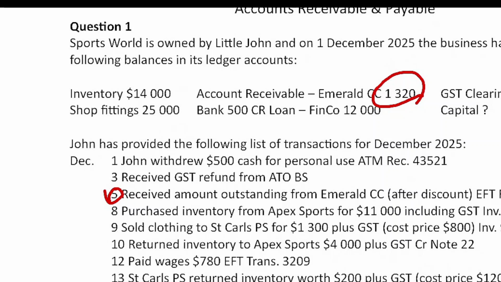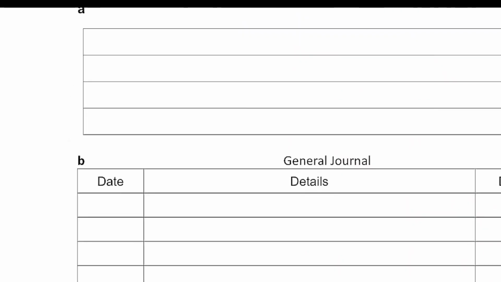Who is Emerald CC? Accounts receivable. Anyway, we are receiving. We received money from Emerald CC. Okay. Now you have to understand the concept properly. What's the double entry, guys? Okay.